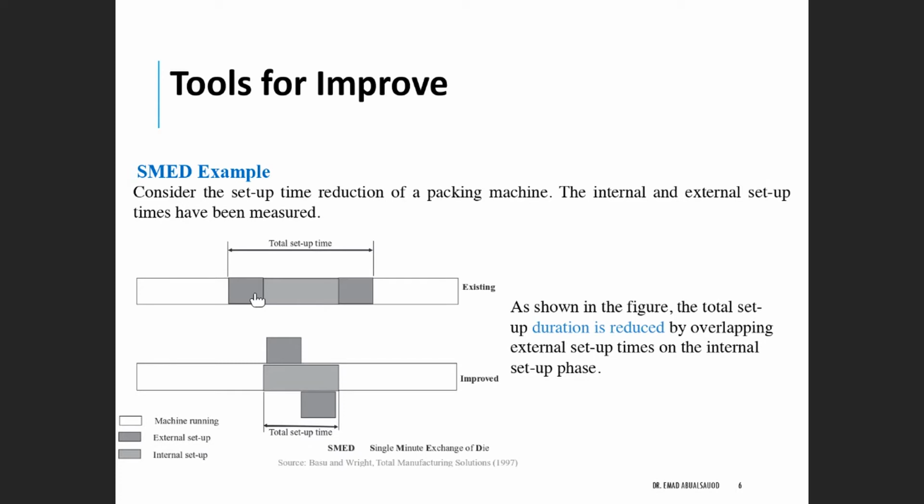In the improved process, you can see the external setup is now overlapping with the internal setup. So most of the tasks or operations are done while the machine is working, and they are overlapping. Eventually you reduced the time and improved the productivity, because now the productivity can be during this duration instead of the complete duration here.